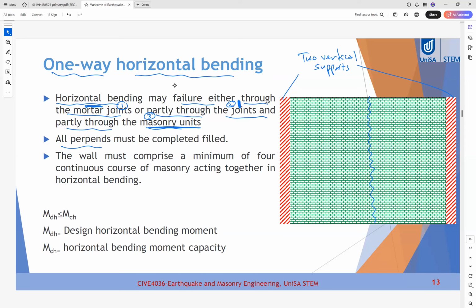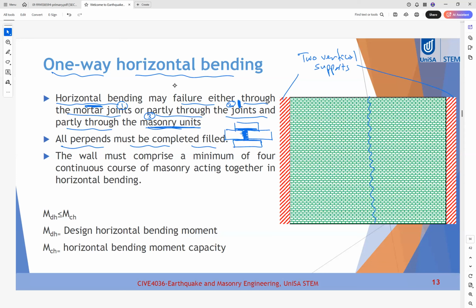All perpends must be completely filled. As you know, the perpends are the vertical mortar joints like that. All these perpends should be completely filled.